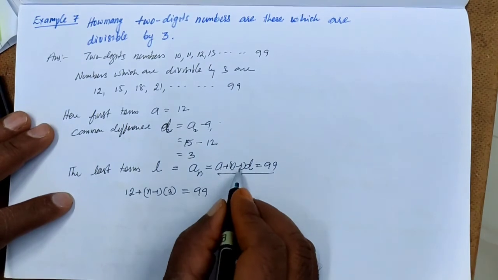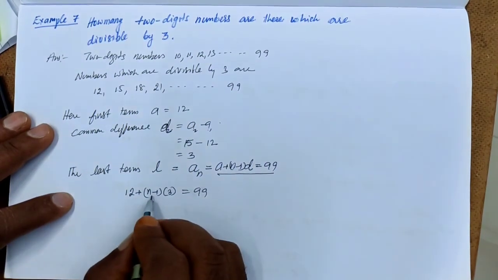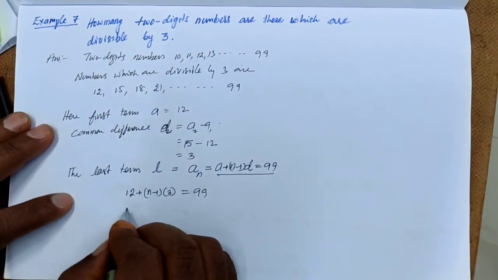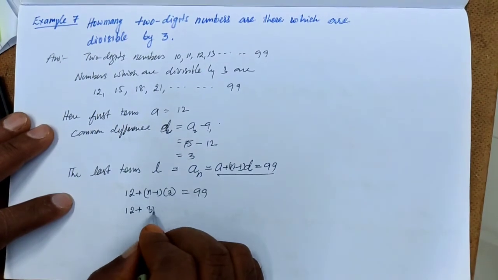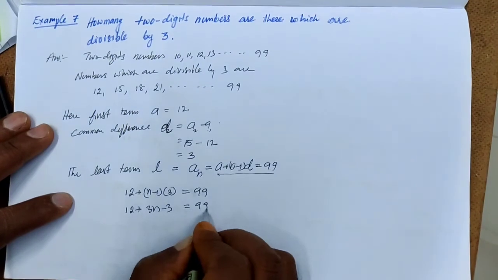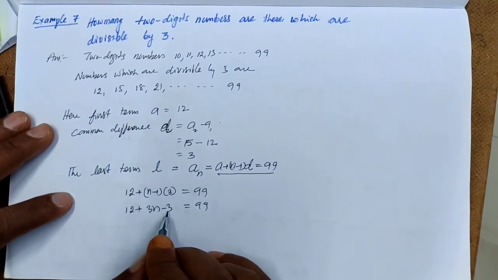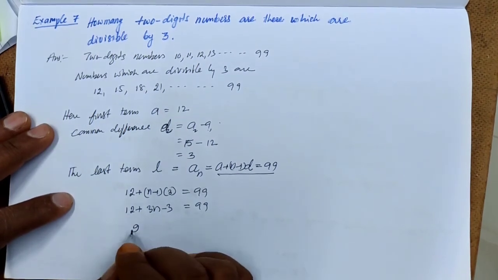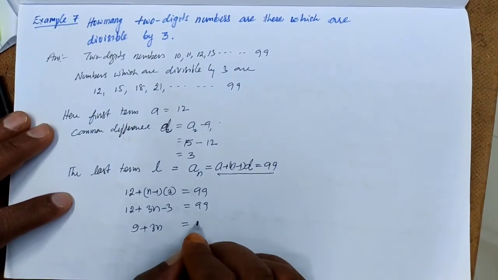So a plus n minus 1 into d is equal to 99. So 12 plus n minus 1 into 3 is equal to 99. Now 12 plus 3n, and 3 into minus 1 is minus 3, is equal to 99. Now 12 minus 3 is 9, so 9 plus 3n is equal to 99.